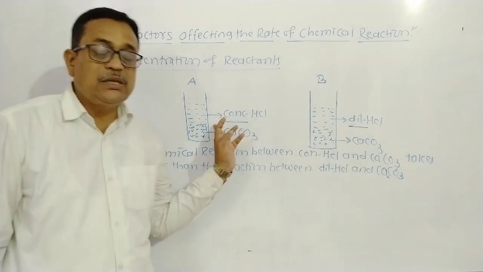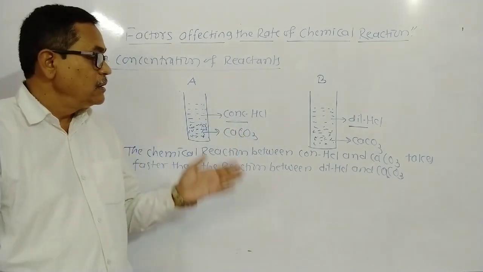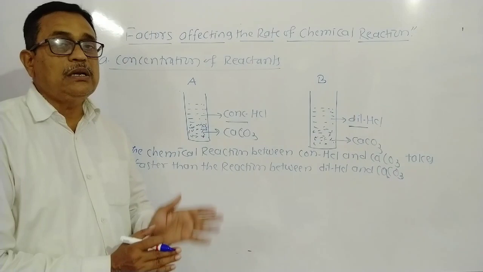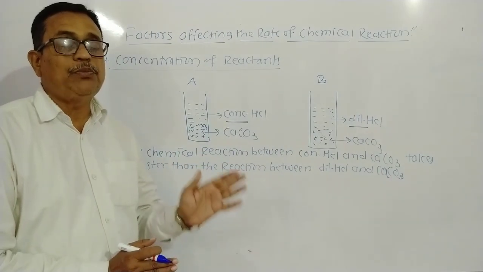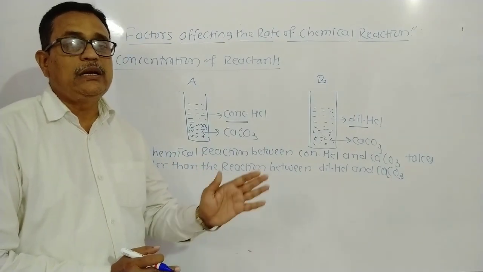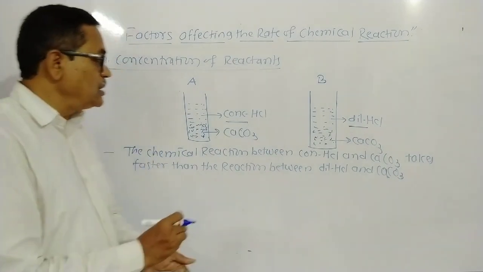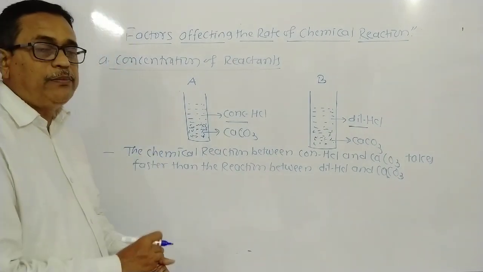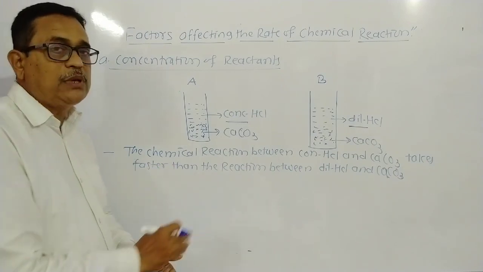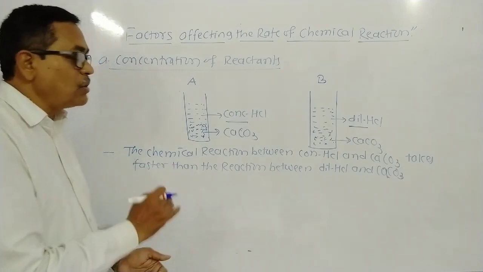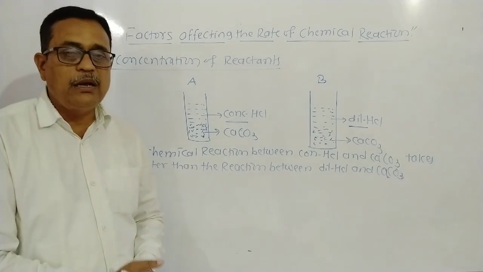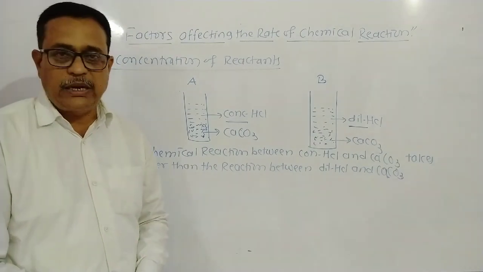Why does the reaction in the first test tube take place faster? Because the concentration of reactant plays an important role in the rate of reaction. Concentration of reactant is a very important factor to speed up the chemical reaction. If the concentration of reactant is very high, then the speed of reaction is greater.